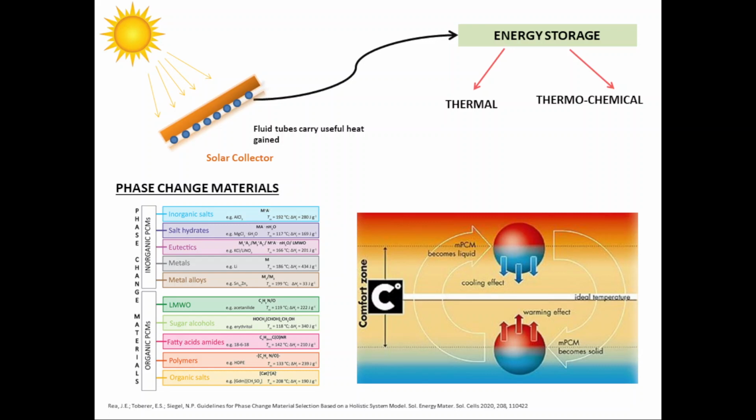One of the main reasons why we want to store the energy that we have gained is probably to meet the demand. Considering the situation, for example, in the European or American continents, the amount of sunlight that they receive throughout the year is not the same. There is a seasonal variation in the amount of solar radiation that is received.